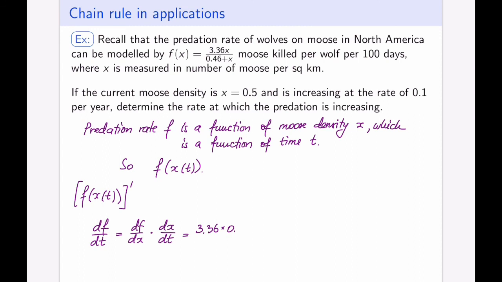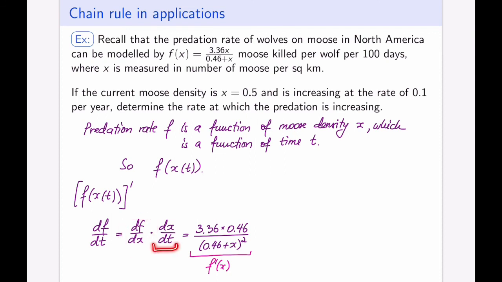It's going to be 3.36 times 0.06 divided by the denominator squared. This is coming directly from the quotient rule. This is df by dx, or f prime of x. Just making sure that we're getting comfortable with all of the notations here. This is the first part of this multiplication.